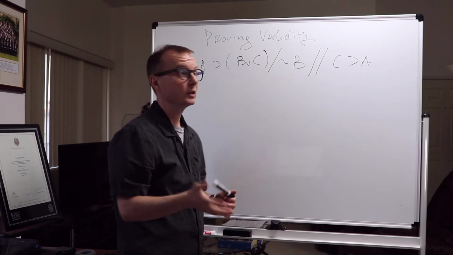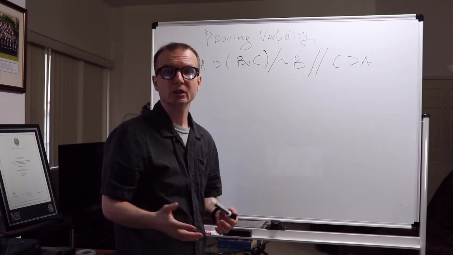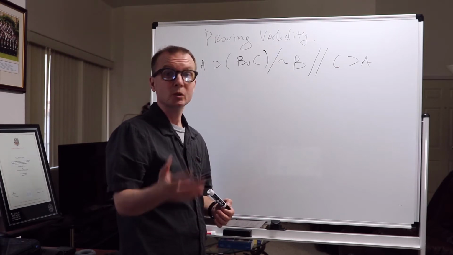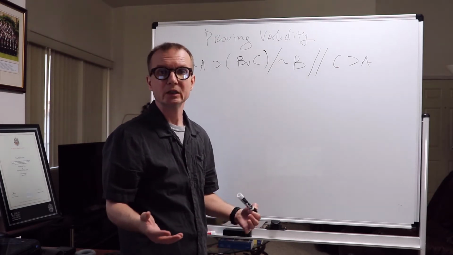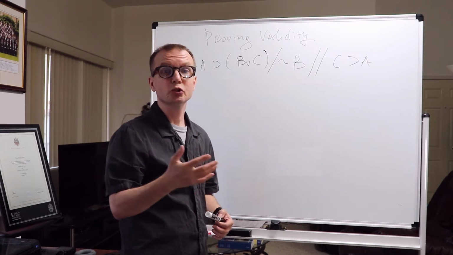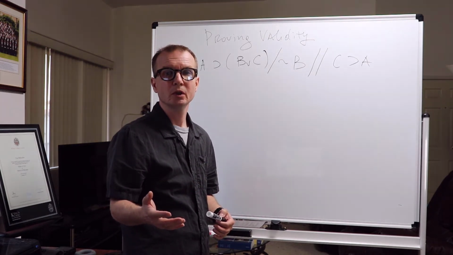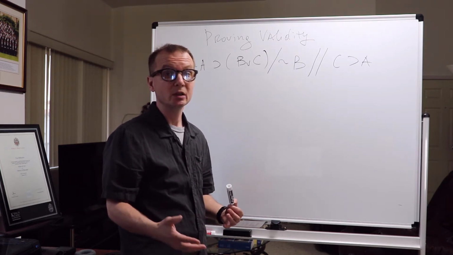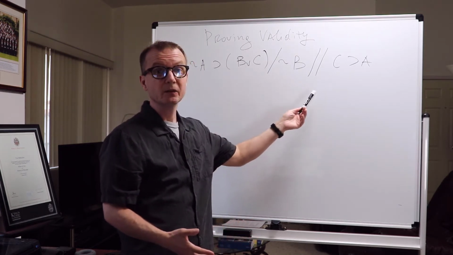And remember, this is checking for validity, so we want to know if it's valid. Now, what would be the situation if it's not valid? Remember, what is a valid argument? If premises are true, the conclusion is always true. So, if it wasn't valid, the situation will be true premises and a false conclusion.